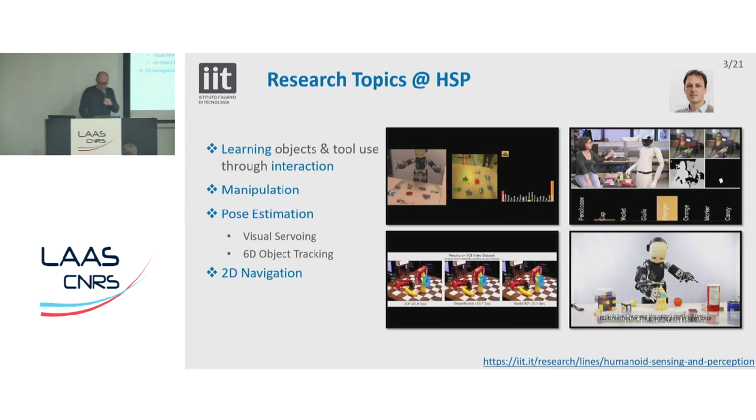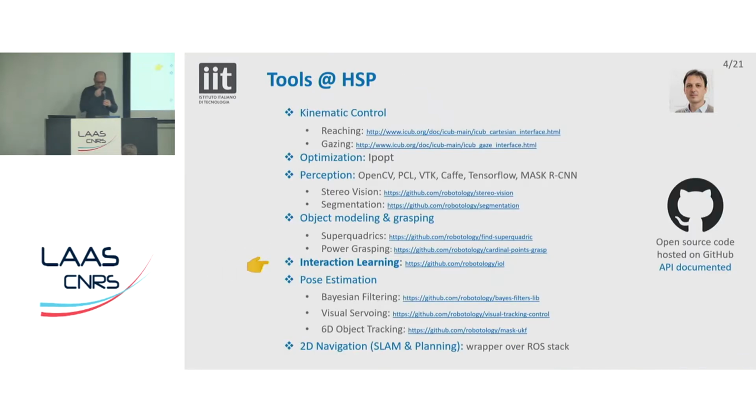In terms of software tools, this group, as usual, benefits from off-the-shelf libraries, especially in perception. We resort to OpenCV, PCL, and VTK for visualization of scientific data, for vision and visual processing, and then TensorFlow and Caffe for machine learning.